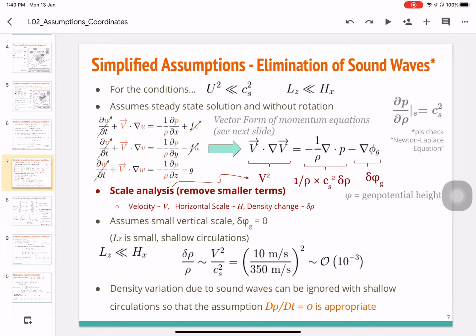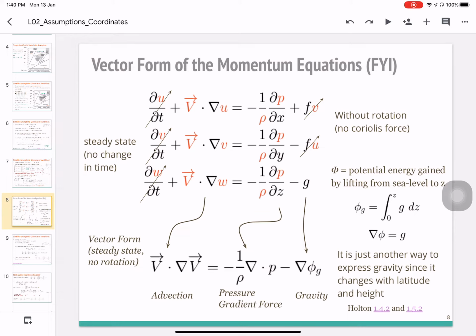The transformation of these equations into the vector form is here. I'm not going into details. You should know about this already. It's for your information. It's not going to be in the exam.